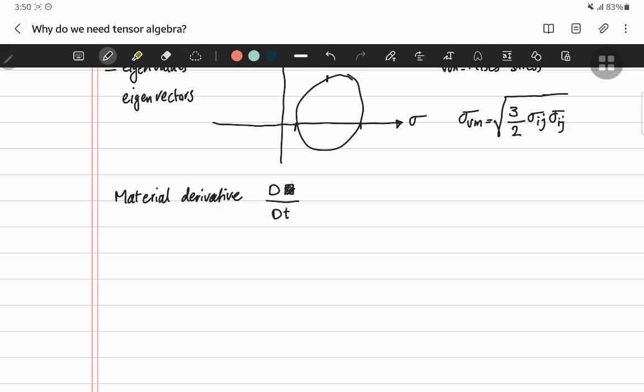If you take the derivative of this tensor parameter with respect to time, you get the partial derivative of that parameter with respect to time plus the velocity dot the gradient of that parameter. So here we use the dot product as well as the gradient concepts.